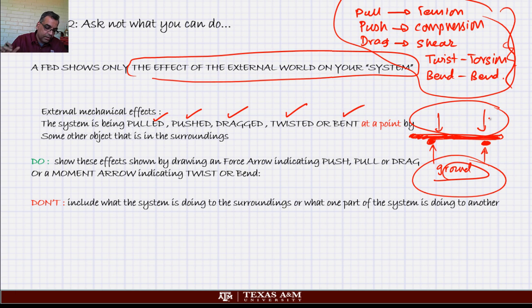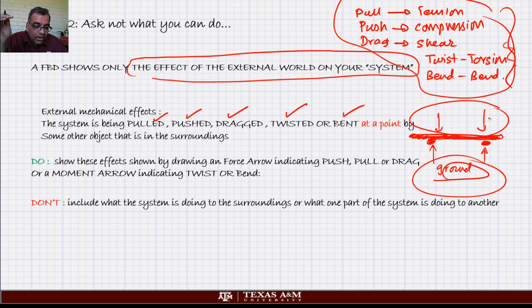Okay, and we do not include what the system is doing to the surroundings. So to give you an idea, let's say you're walking down a dark alley and suddenly a bunch of people attack you. What you care about is what their fist is doing to your face, right? You don't care about what your face is doing to their fist.